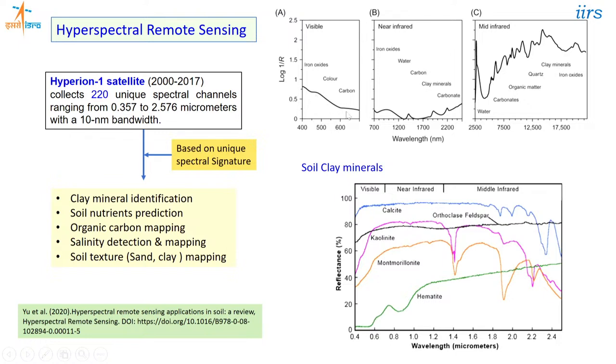a spectral signature. In the graph you can see the different compositions: water, carbonates, organic matter, quartz, clay minerals. You are getting very distinct spectral reflectance and absorbance in various wavelength regions. It is shown from 400 to 700, 500 nanometer: visible wavelength, near infrared, and mid infrared.